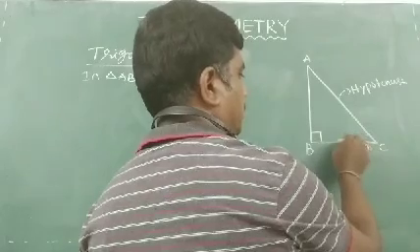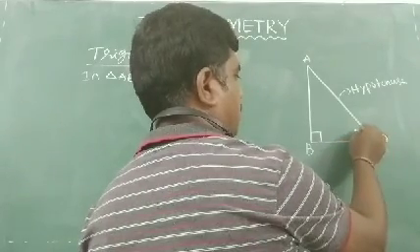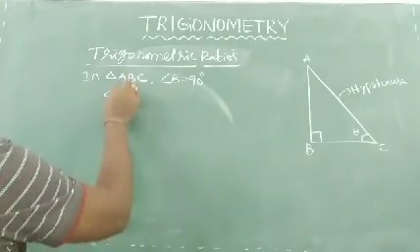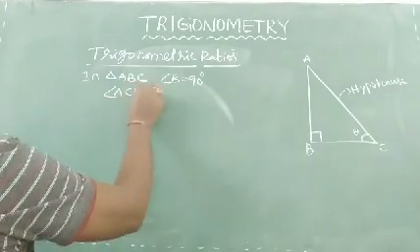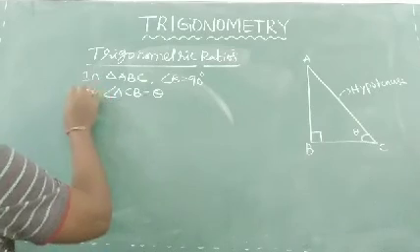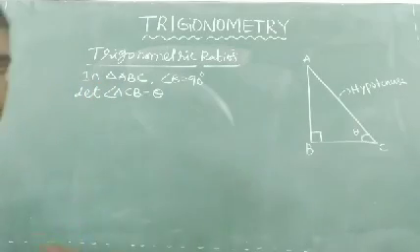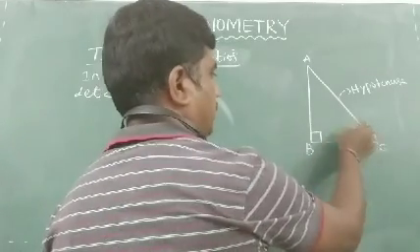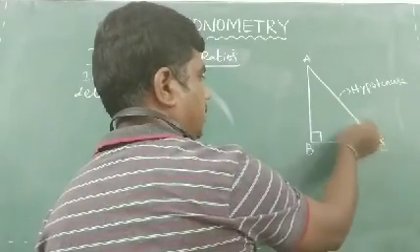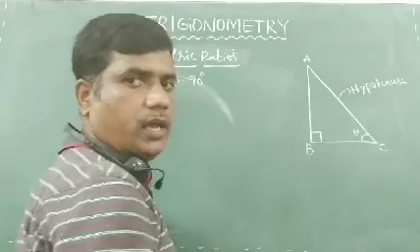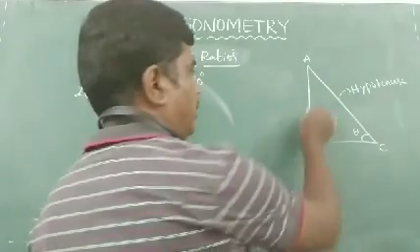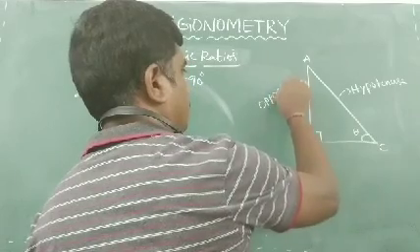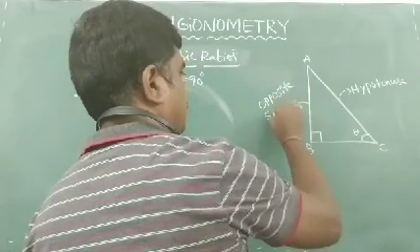Next, if you take this one as an angle, the angle is denoted by theta. Say for example, here angle ACB we are taking as theta. So angle ACB equals theta. When you take this as the angle, the side which is exactly opposite to the assumed angle is called the opposite side.